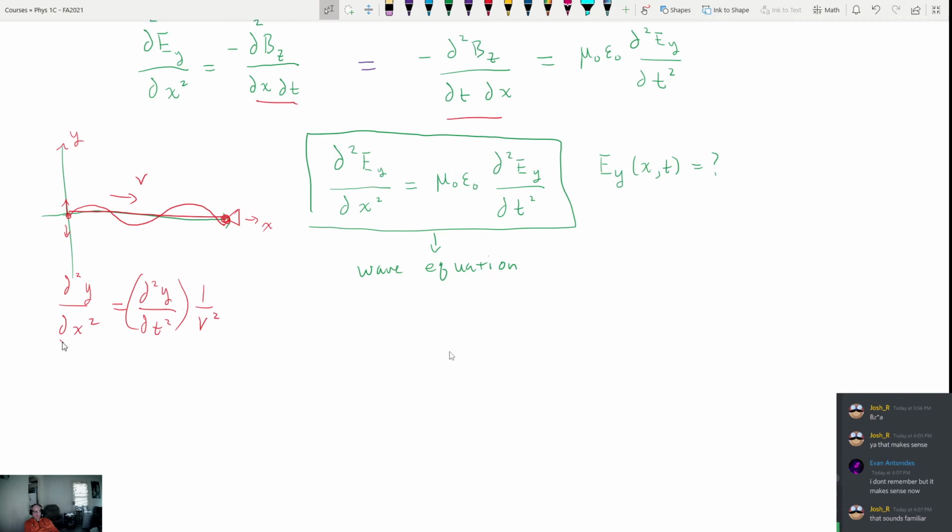Okay? And we call this also a wave equation. You can see that it has exactly the same form as our equation here, right? Partial with respect to x, second partial with respect to t, equating them to each other, right?